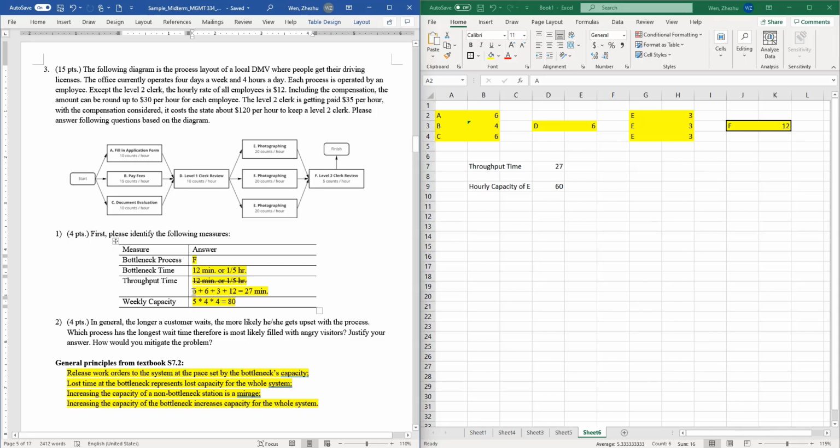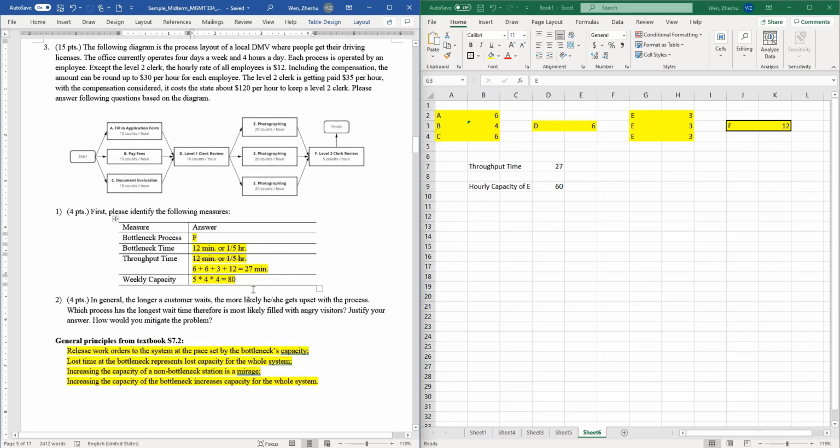For that reason, we're adding 6 from A, B, and C, and a second 6 is coming from D. The 3 is coming from E. Even though this is parallel, we're still using 3 because that's the amount of time you have to go through that particular system, right? And lastly, it's 12 minutes. So it's a total of 27 minutes. I apologize for this little mistake if it confused you, but the correct answer is actually 27 minutes.